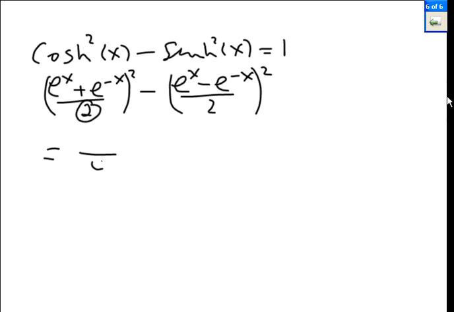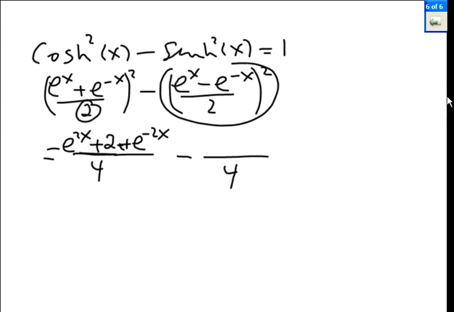When you square the bottom, you get 4. When you square the numerator, you get e to the 2x plus 2 plus e to the minus 2x, minus. Now we have to square that. When you square the bottom, you get 4. The numerator will be e to the 2x minus 2 plus e to the minus 2x. Since everything's over 4, I can keep it the same.